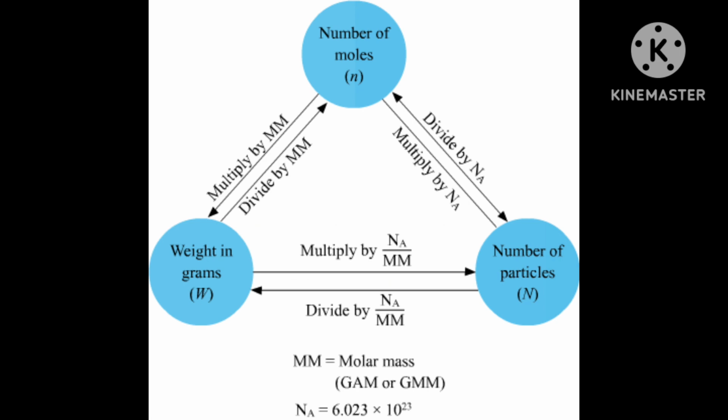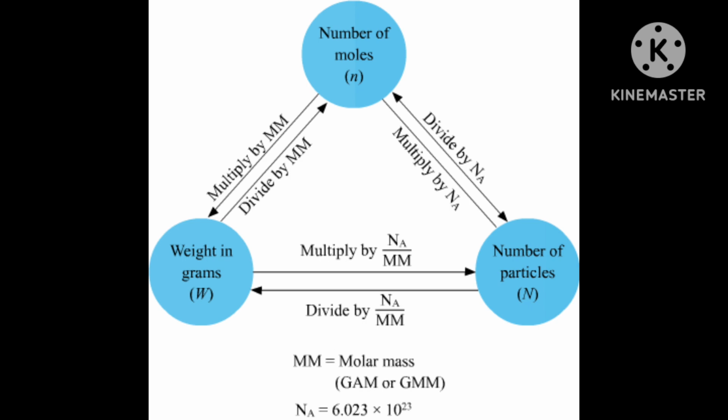If you want to know the total number of oxygen atoms present in H3PO4, then 1 mole, molecular mass is equal to 1 mole, and 1 mole is equal to Avogadro number. Here 4 oxygens are there, O4, so 4 into Avogadro number. That is the number of oxygen atoms present in H3PO4. Like that way you can calculate.